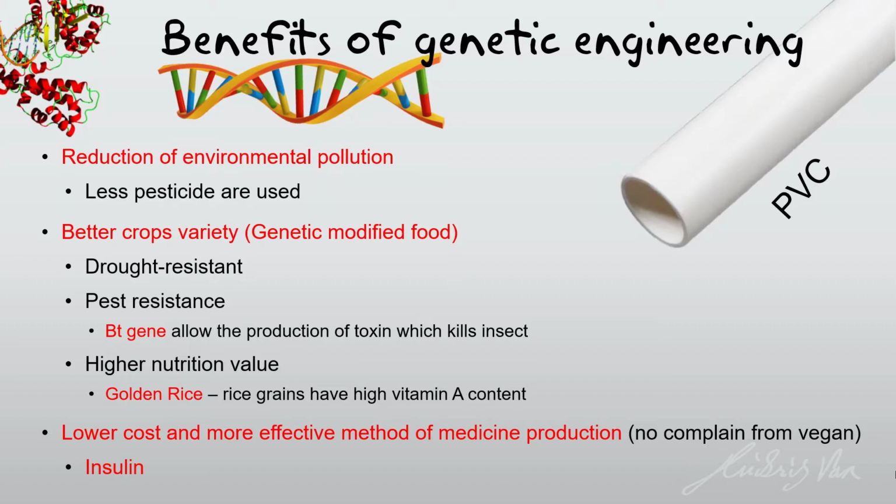Don't kill the animal, don't harm the animal. So it's not very effective to get it from animals. So with genetic engineering, we can get a hell of a lot of insulin from just bacteria that have the human insulin gene, which is expressing itself, producing insulin.